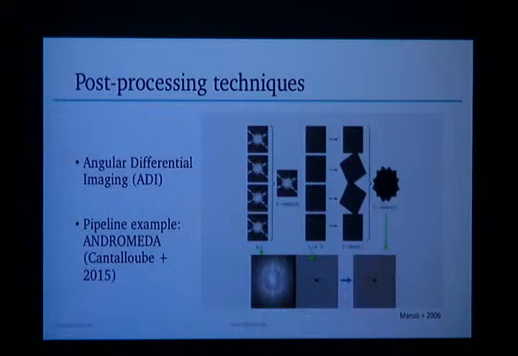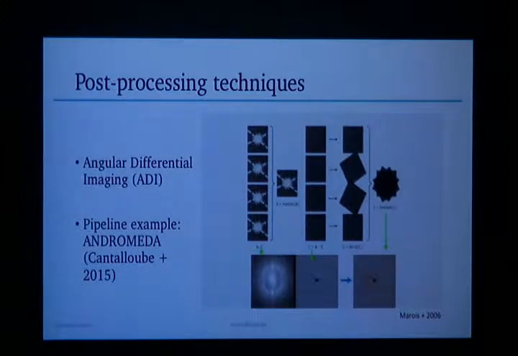And then, we know the velocity at which the sky is rotating, so we can derotate each of these images and combine them, again taking the median, in order to get a higher signal to noise, so that instead of having this one where we have the planet but still some noise, we ideally get an image like this that only has the coronagraph and the signal of the planet.